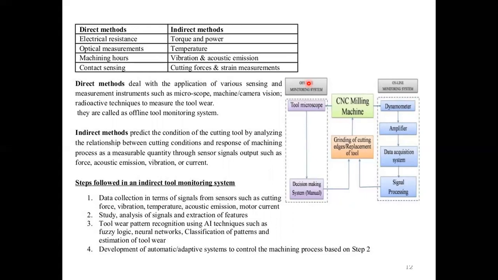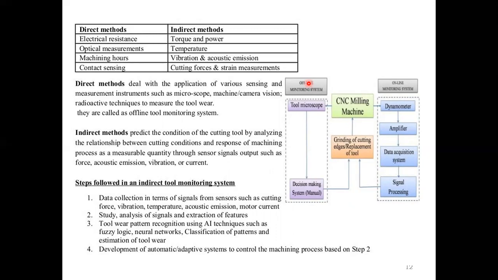Direct methods deal with the application of various sensing and measurement instruments such as microscope, machine or camera vision, and radioactive techniques to measure the tool wear. So they are called offline tool monitoring systems.